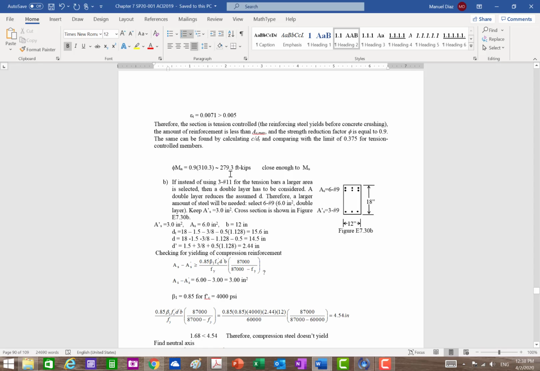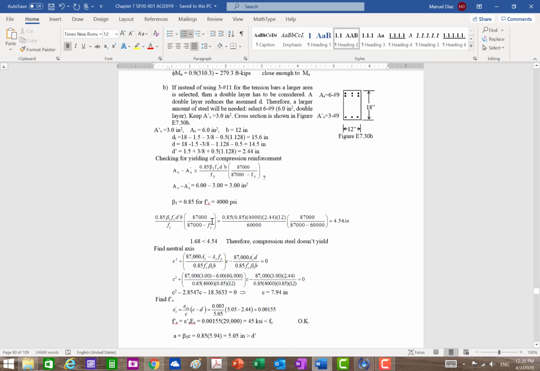So we had to do it in double layer now. It's 6 number 9s. Now this satisfies the area of steel that we needed. Plenty, right? We keep our A prime s the same. So we go here again, find A prime s, As, find my d sub t, my d prime, check if the steel yields. It doesn't yield.